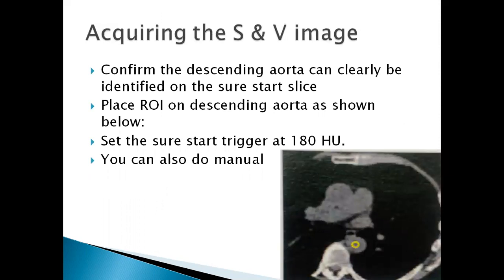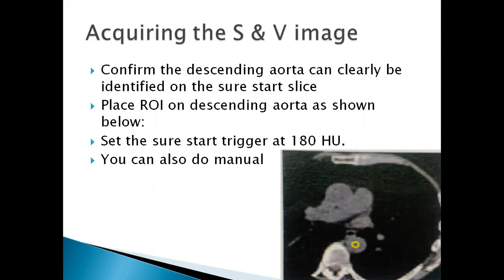So let's get right into the CCTA itself, the cardiac CT angiography. When you start scanning for this, the first thing that you have to do is acquire your scout and monitoring image. And for us, we put our ROI in the descending aorta.